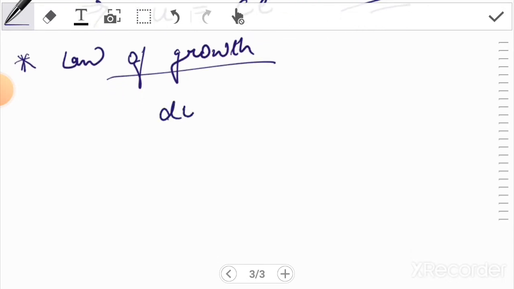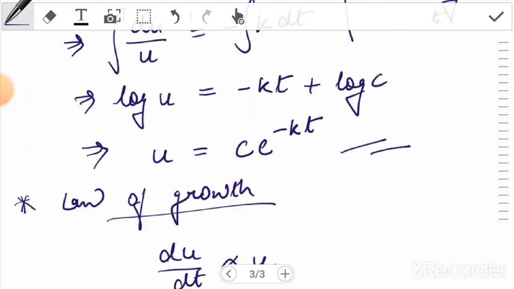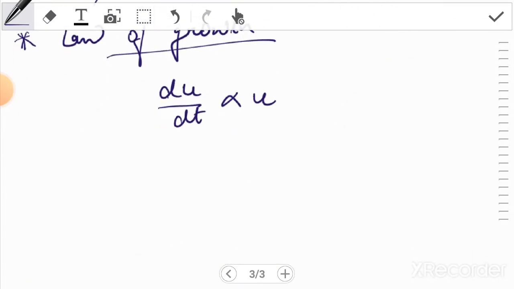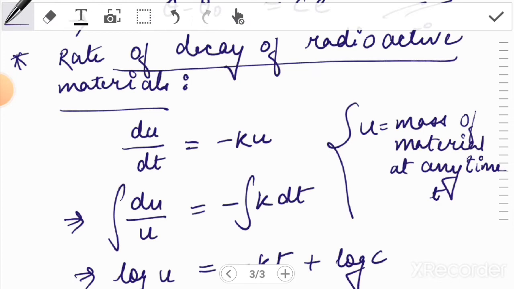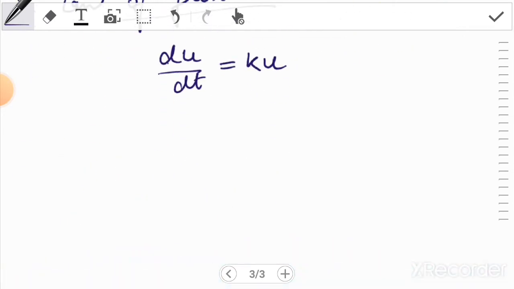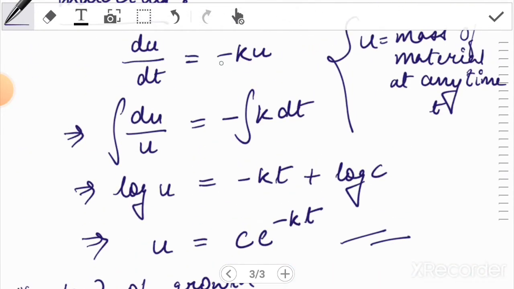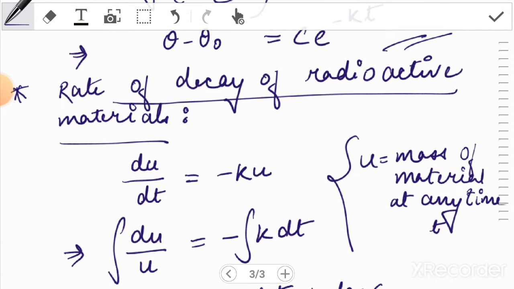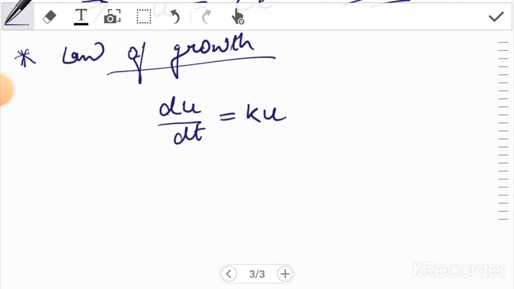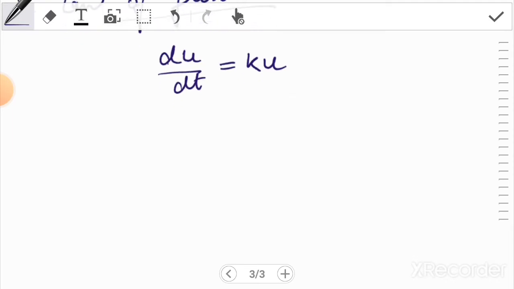Say du by dt is proportional to u, so du by dt is equal to k times u. Here I had taken a negative sign because it was decay, and here it is going to be exponential growth. So that is why I have considered a positive sign here.